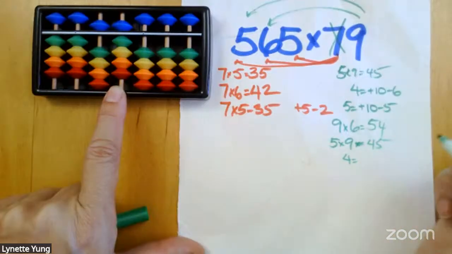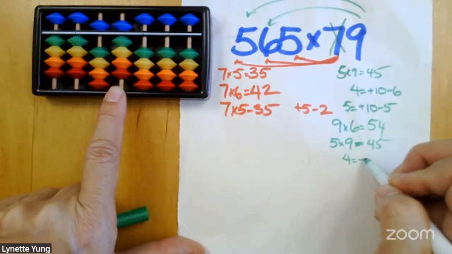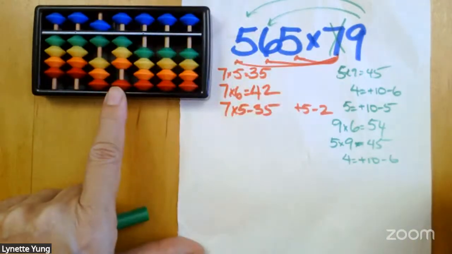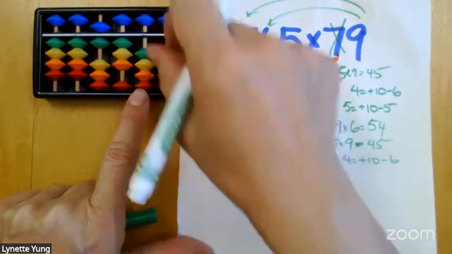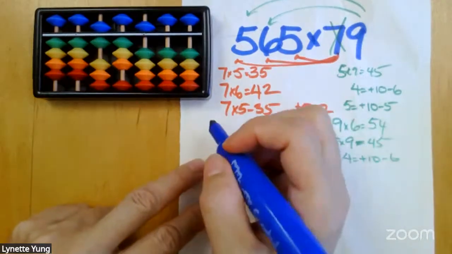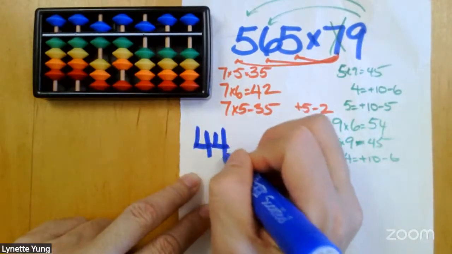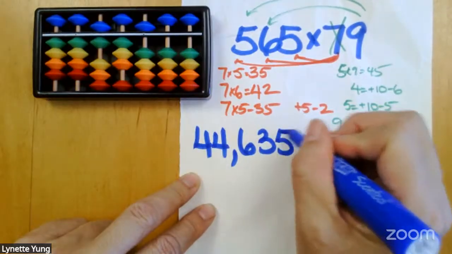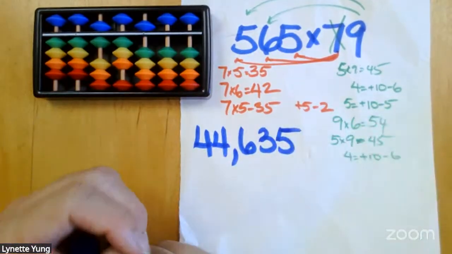You can't add the 4 under the 9, so you go plus the 10 minus the 6. But you have to add the 5. So you just bring the 5 down. Okay. So then your answer is 44,635.